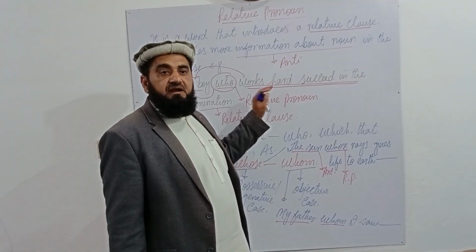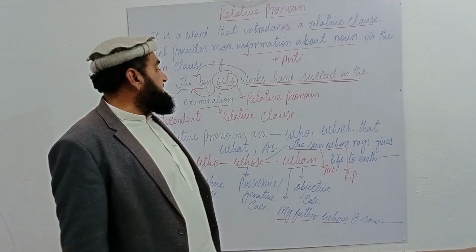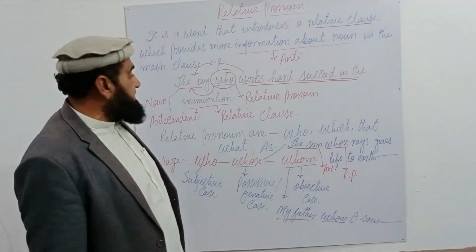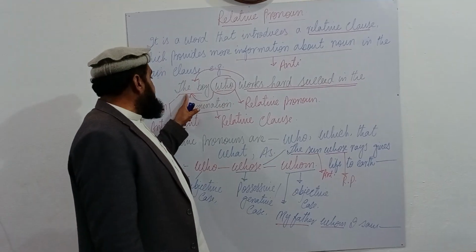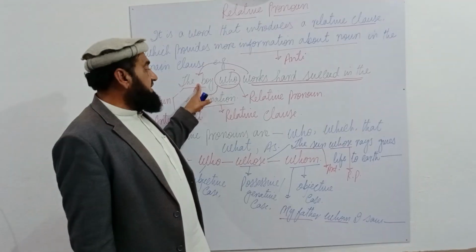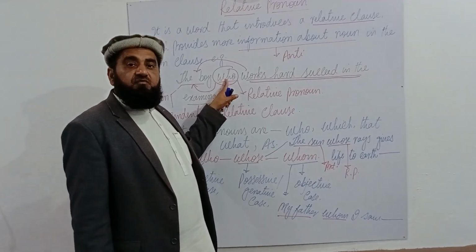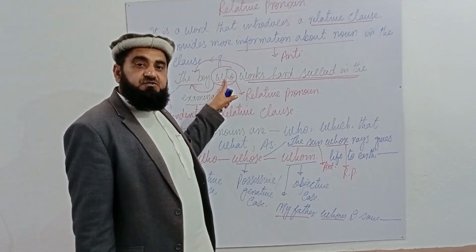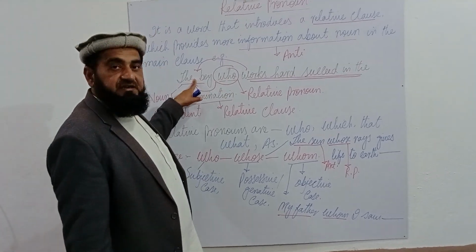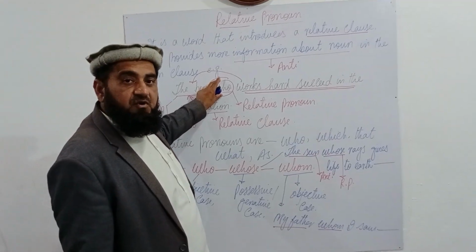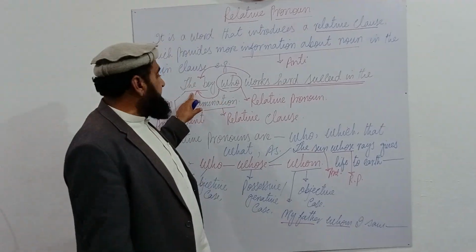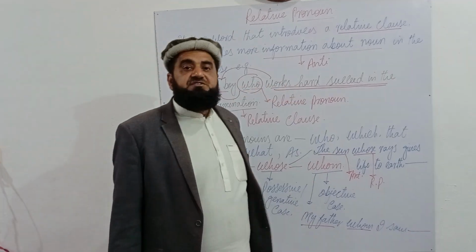One important grammatical restriction is that we place the relative pronoun as near as possible to its antecedent. If we place the relative pronoun away from its antecedent, it will change the meaning.